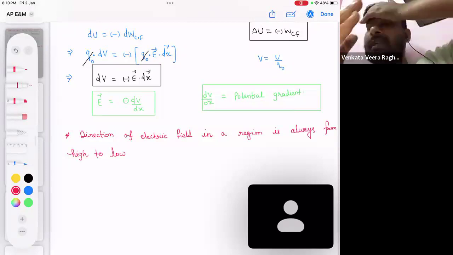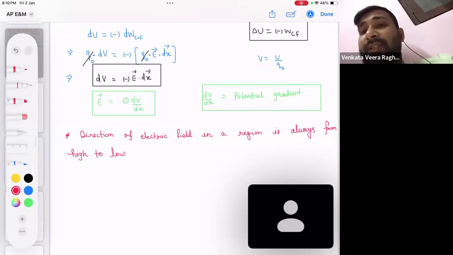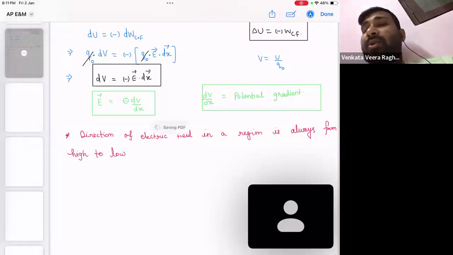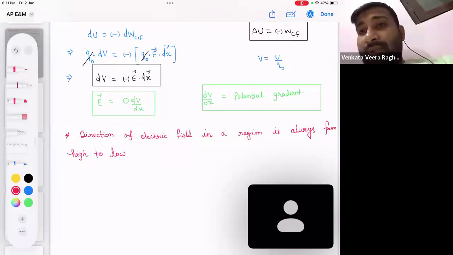So in a region, if these are the two points given to us, and they ask us which point is at high potential and which is at low potential, then by looking at the direction of the field we can say which point is at high and which is at low potential. Why? Because electric field in a region is always from which direction to which direction? High potential to low potential. Understood? Clear up to this?